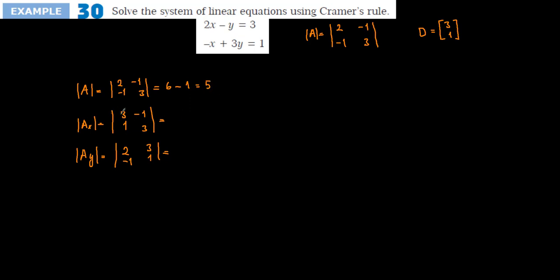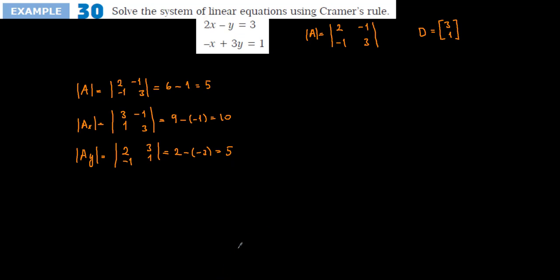Then this is 3 times 3, which is 9, minus 1 times minus 1, which is minus 1. So 9 minus minus 1 is 10, it should be 9 plus 1. And the last one is 2 times 1, which is 2, minus 1 times 3, which is 3, giving 5.